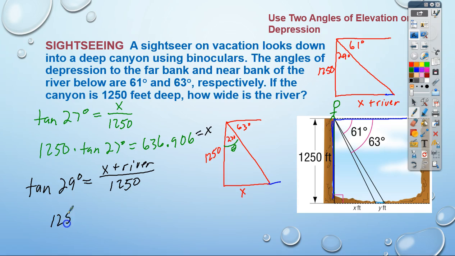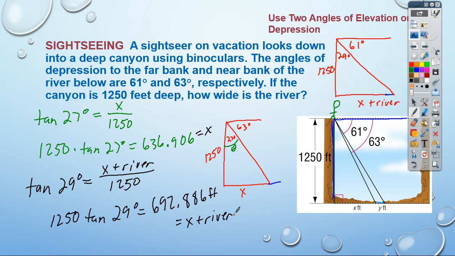This time I do 1250 times tangent of 29 degrees, and I get an answer of 692.886 feet, and that's equal to X plus the river.